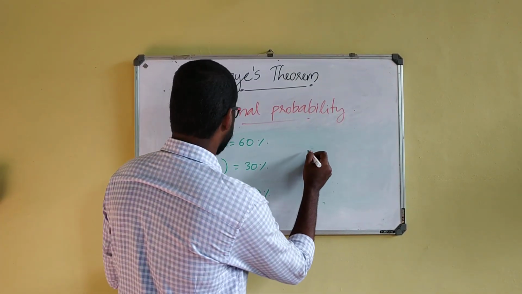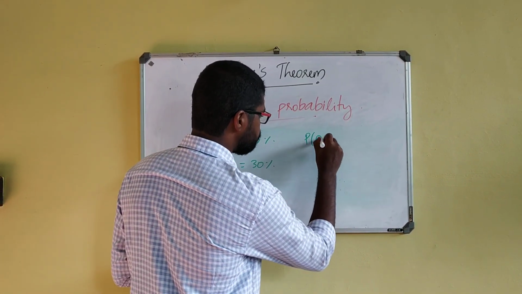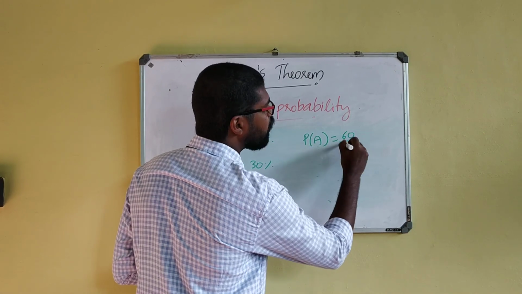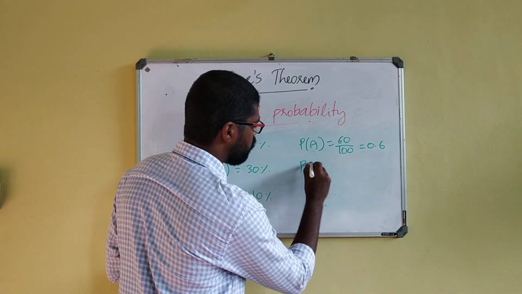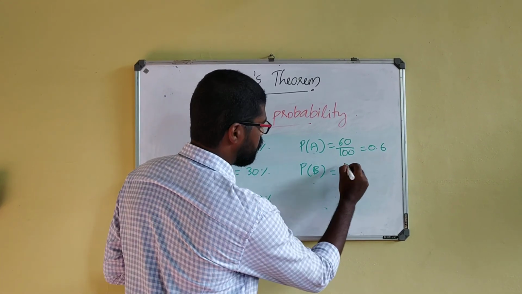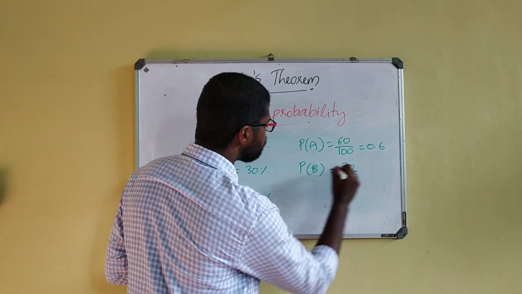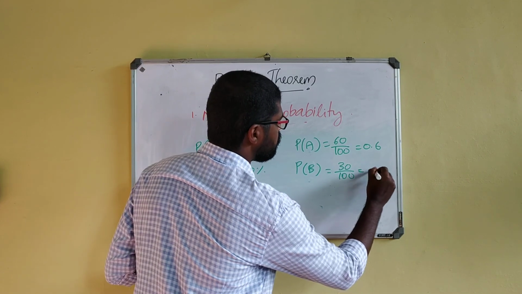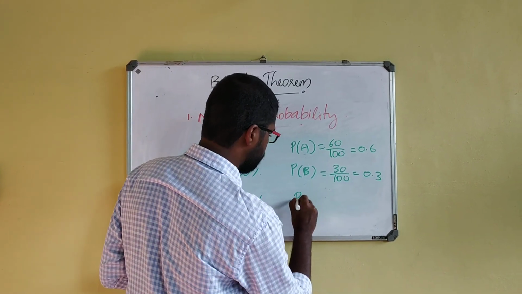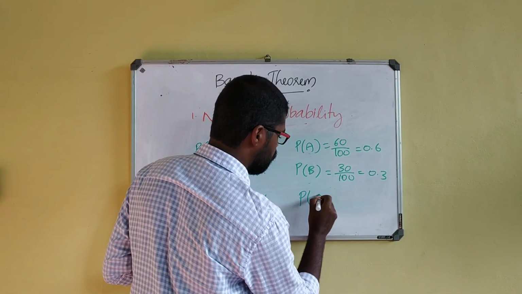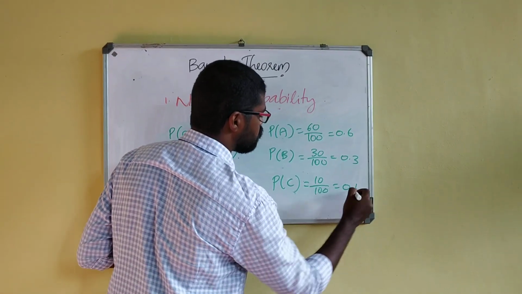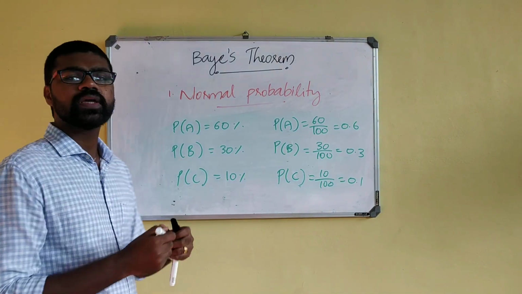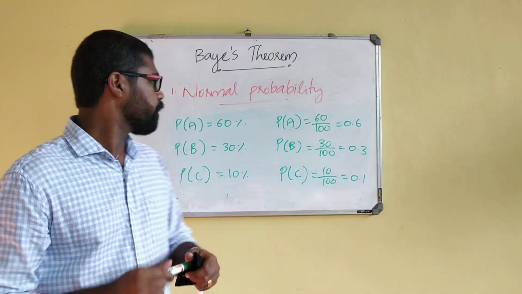It means that probability of A is equal to 60 by 100, which is 0.6, and probability of B is equal to 30 by 100. Since it is in percentage, we have to convert, so 0.3, and probability of C is equal to 10 by 100, which is 0.1. So this is the case of normal probability.